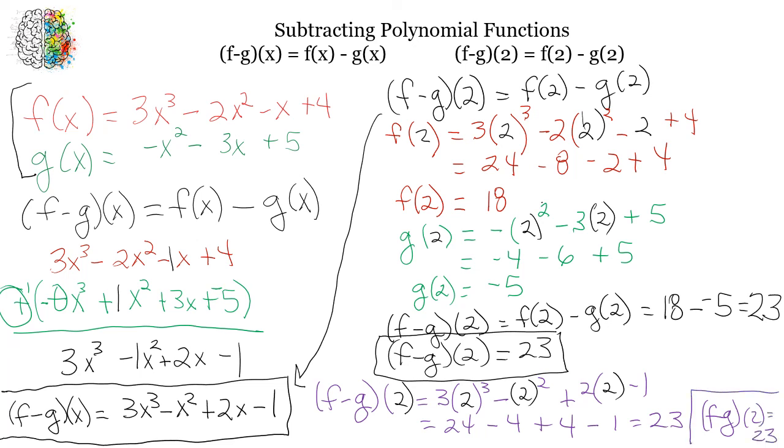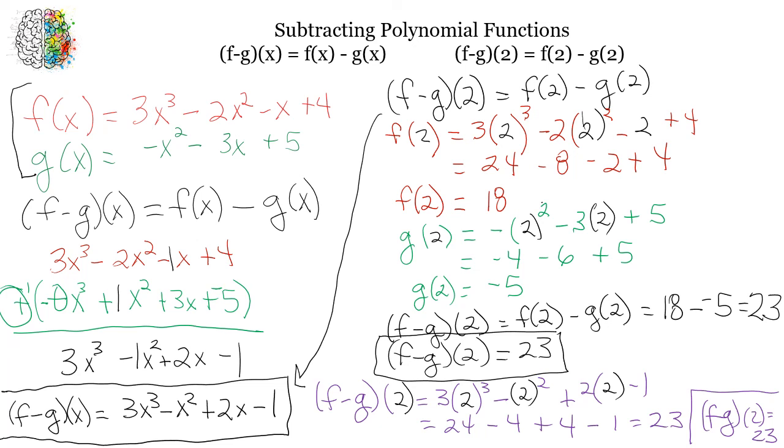So that gives you two different ways to solve your problem if they give you a constant to replace your variable. Just to review, when you're subtracting polynomial functions, the f minus g of x is the same as taking your f of x minus your g of x.